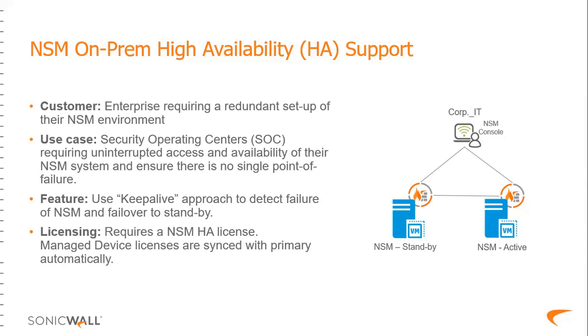It uses a keep-alive approach to detect the failure of the NSM, but it is only supported for active-standby. You also need to purchase the HA license to manage, and the managed license will sync with the primary automatically. Once they detect any issue on the primary, they will fail over to the secondary NSM.